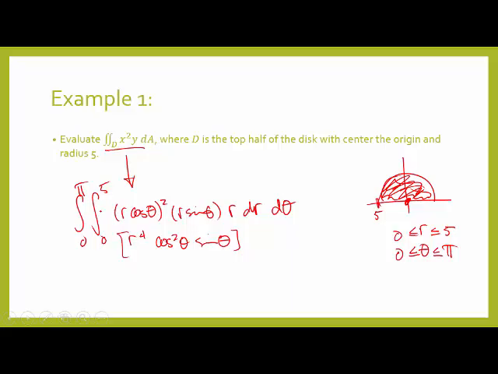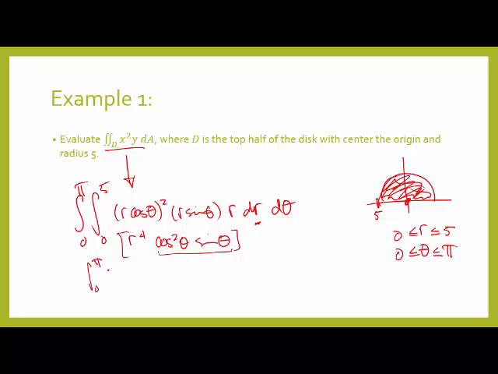Now your inner integral is taking the integral with respect to r. So in your inner integral, the thetas are constant. So you can imagine taking that outside of the inner integral. So I'm going to do this in steps, and in the future I'm just going to write this in one big move.